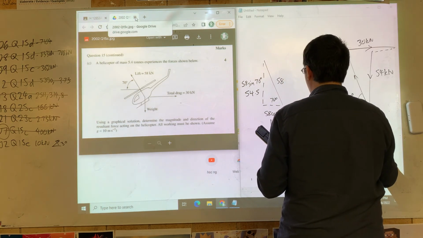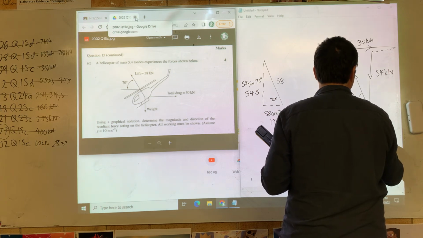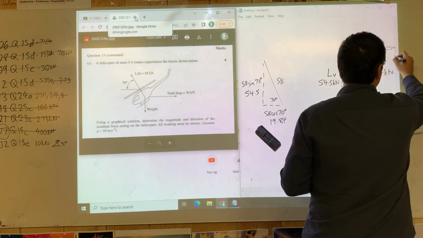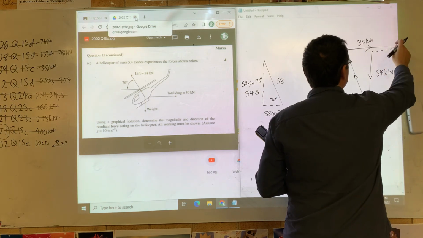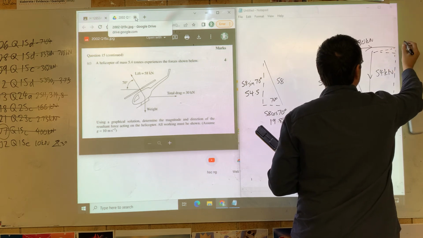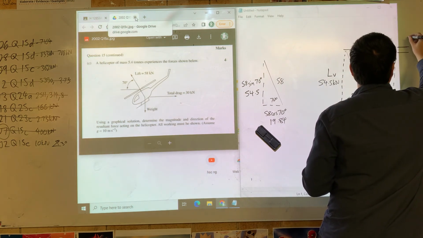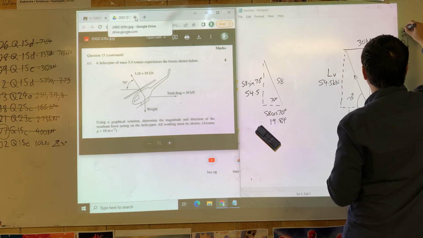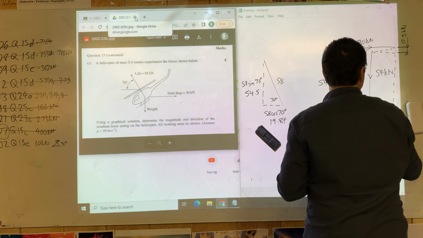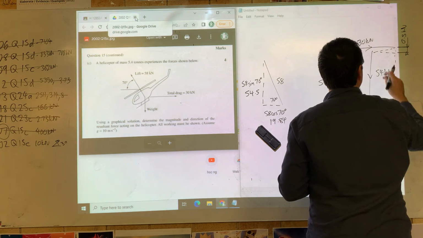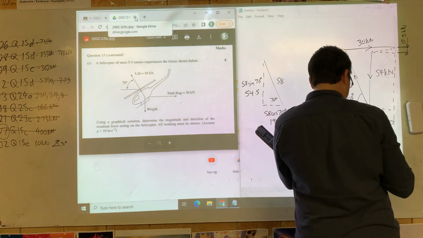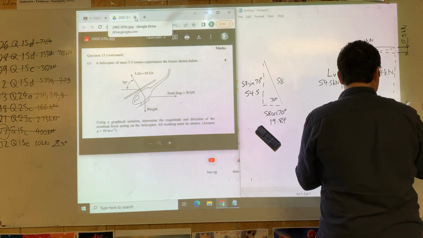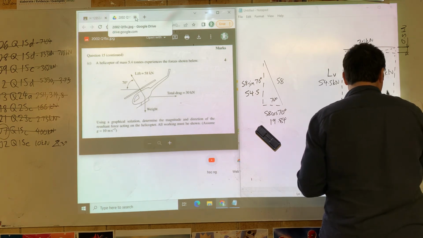and the horizontal component is 19.84. So what have we got left over? In order to close this up, we know that this missing amount here is 0.5 kilonewtons. And we know that this missing amount here is going to be 30 minus 19.84, which is 10.16 kilonewtons.